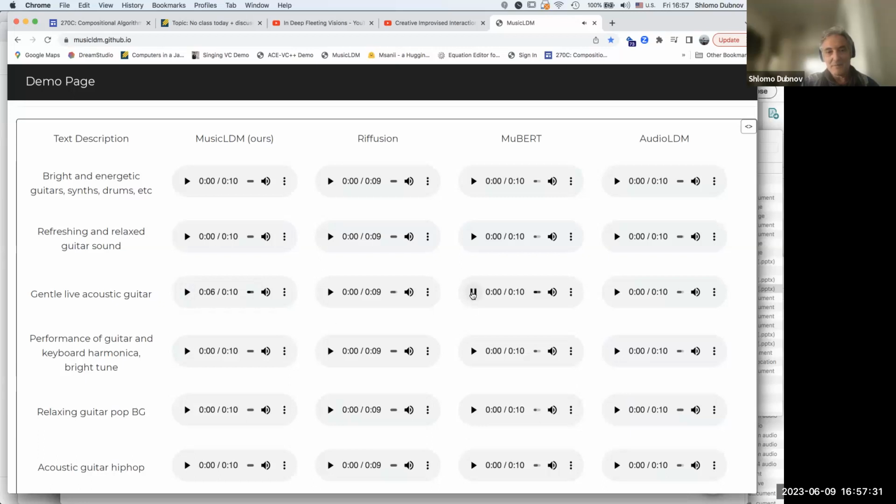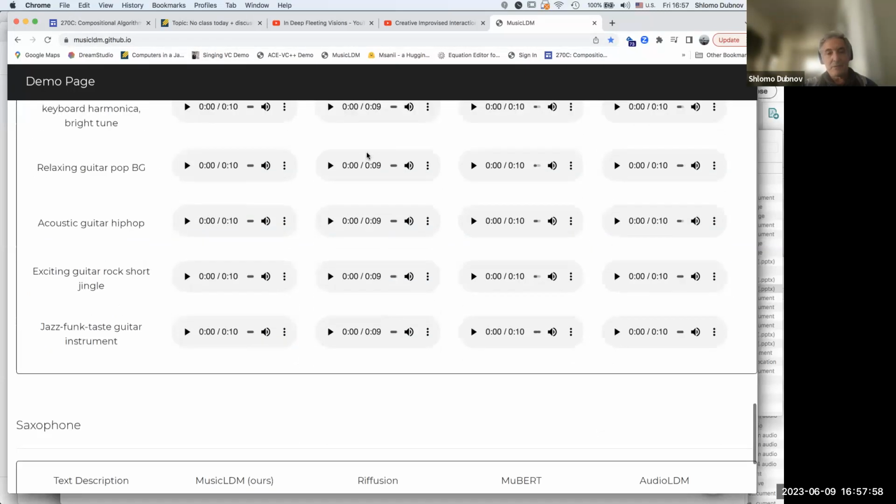Mubert. I think Mubert kind of takes more liberties in terms of recombining clips, and it very often uses beats to complement this. Yeah, just go ahead, go to musicldm, music language diffusion model .github.io, play around with examples.